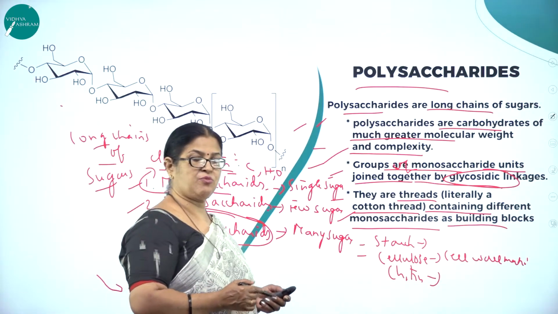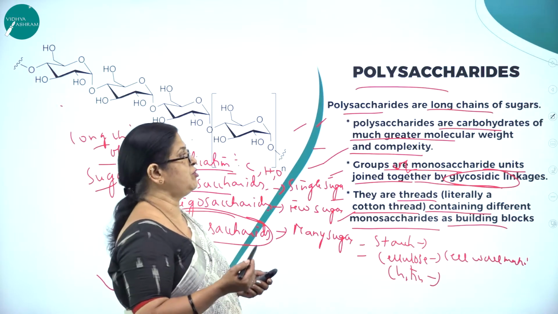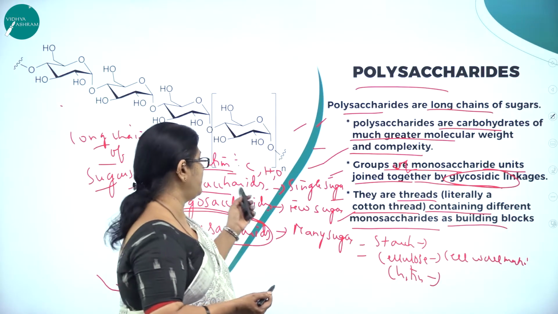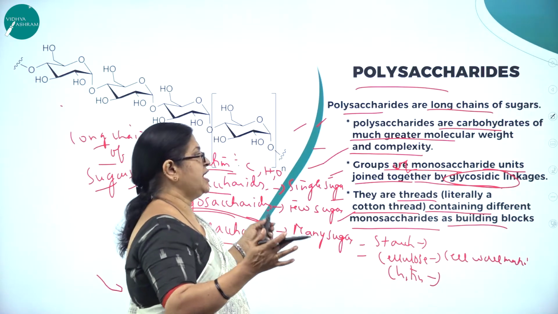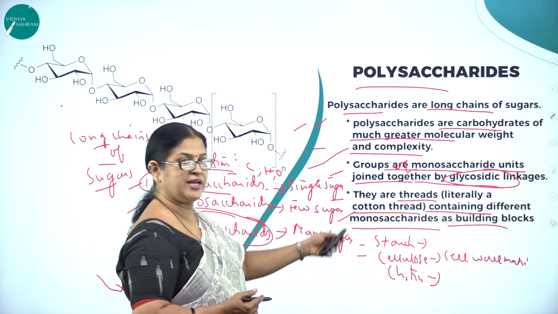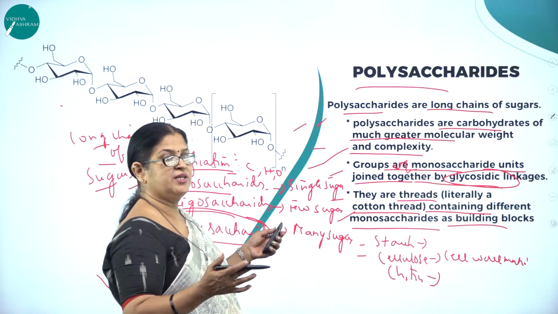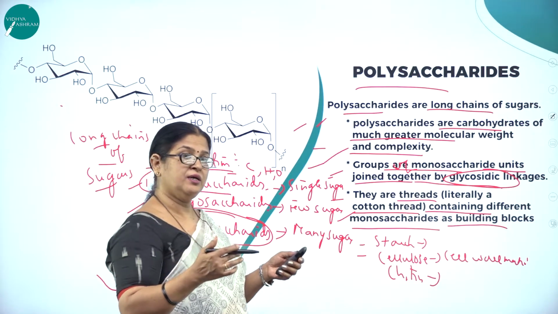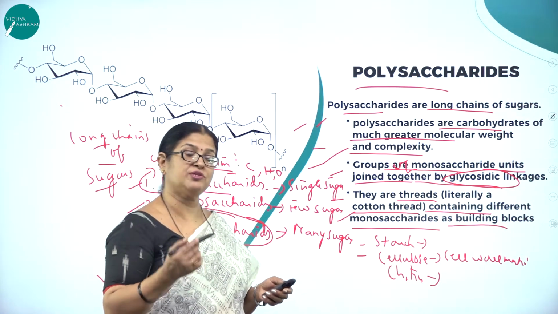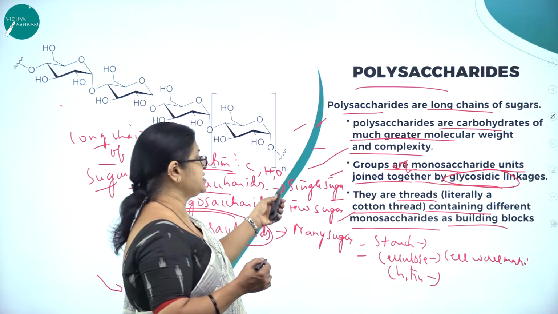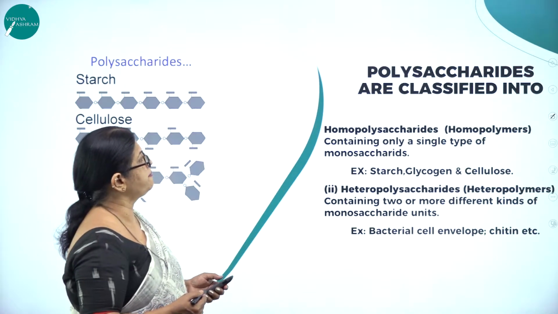So polysaccharides are long chains of sugars, and they are higher in molecular weight and complexity when compared to oligosaccharides, and groups of monosaccharide units are joined together by glycosidic linkages. They contain many monosaccharide units joined by the glycosidic bond. And what are the building blocks of polysaccharides? Monosaccharides, the single sugars.